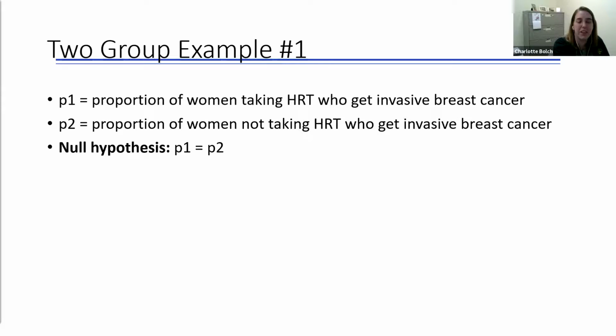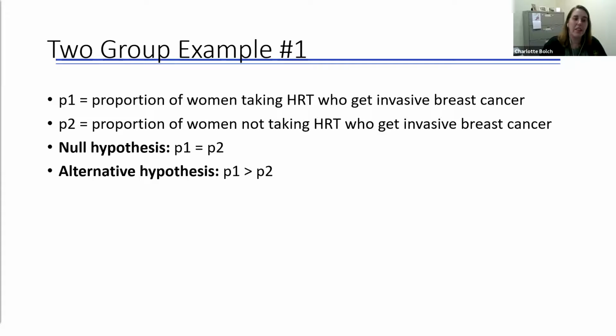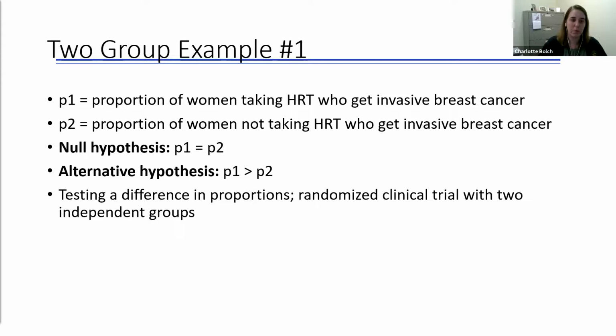The null hypothesis would be that those two proportions are equal. And the alternative, going back to our question, is that people taking hormone replacement therapy have a higher proportion of getting invasive breast cancer.